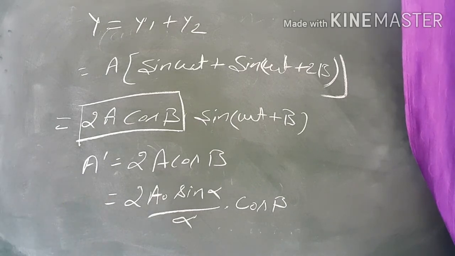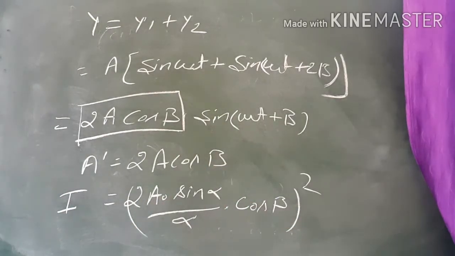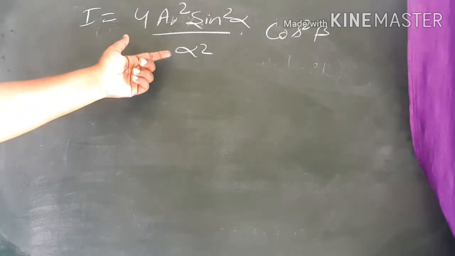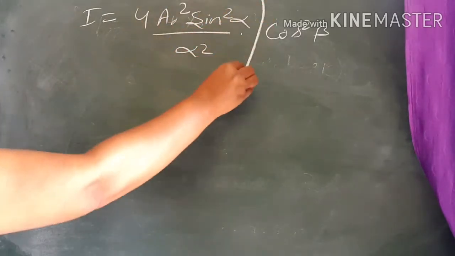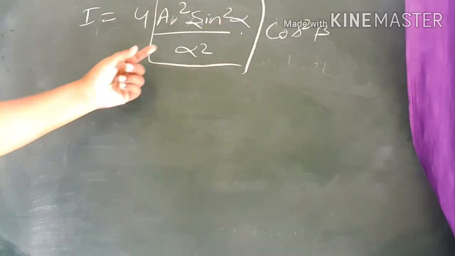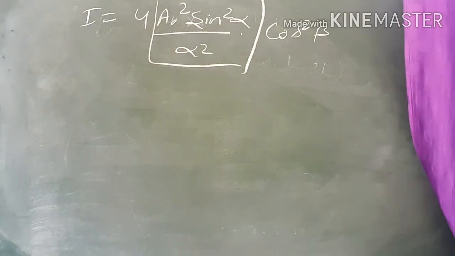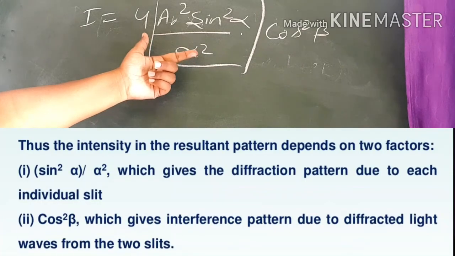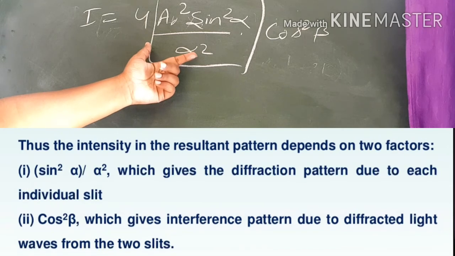And intensity will be, to find the intensity, we have to square this. This is the resultant intensity, and we can clearly see this part is the same as the intensity in case of single slit. So this is the intensity due to diffraction, corresponding to the diffraction from the individual slit.